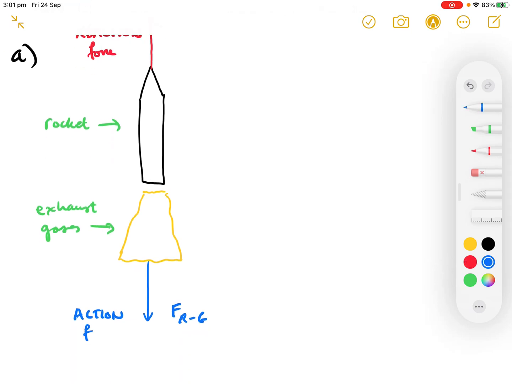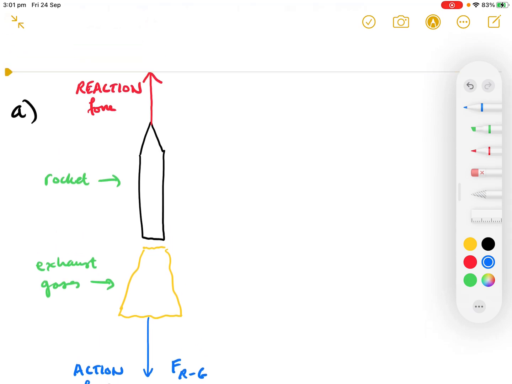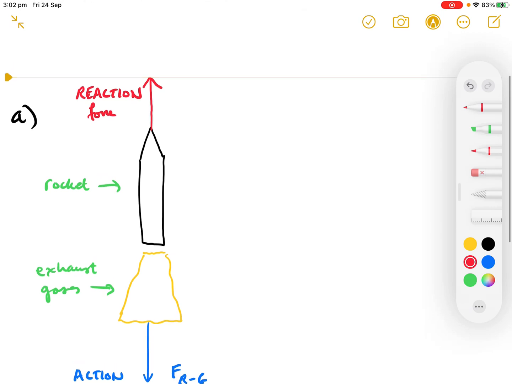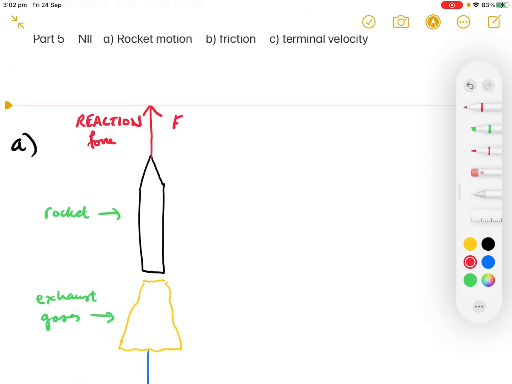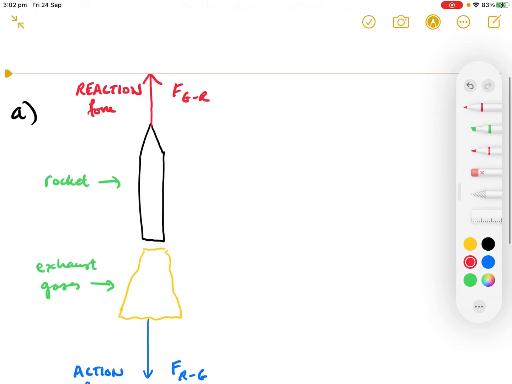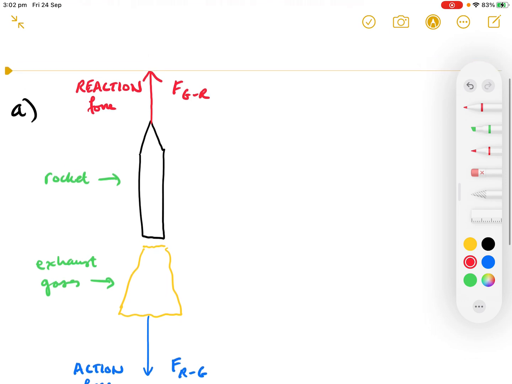These are both forces, of course. Whenever you mention the word action and reaction, always put in the word force, to be clear. And that reaction force is the exact opposite of the action. So if the action is force of rocket on gases, this is the force of the gases back on the rocket. Now notice only one of these forces is acting on the rocket.